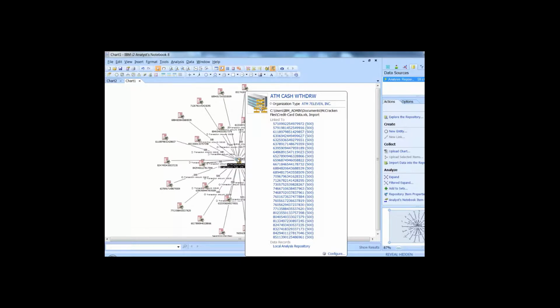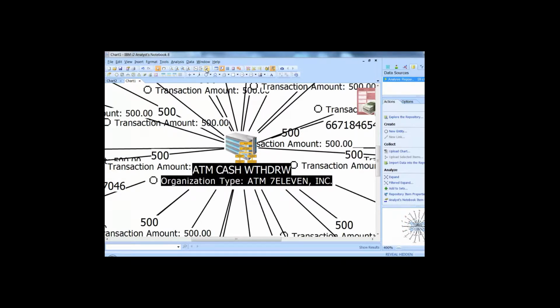She has cast a very wide net and sees that all of the disputed transactions are associated with the same ATM. At this point, she decides to expand out on this ATM in question to find its location.